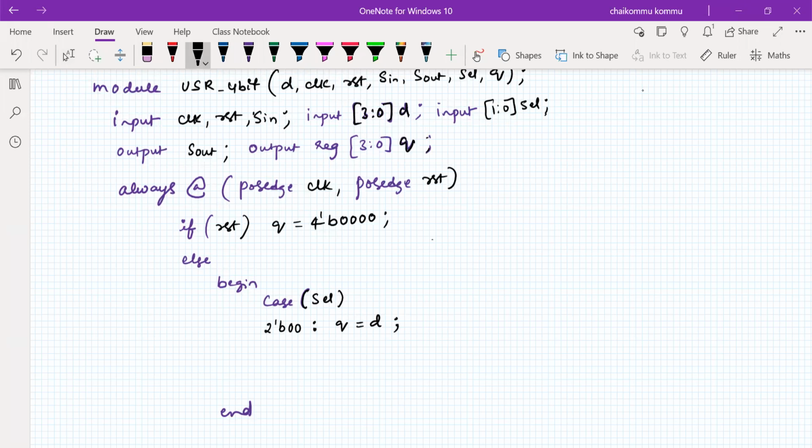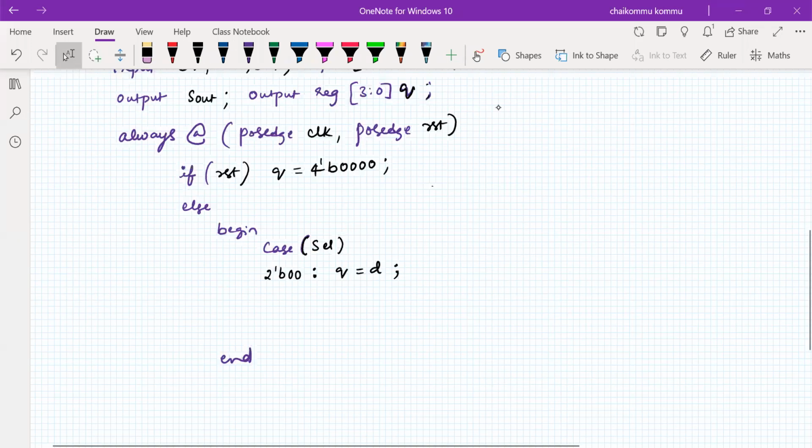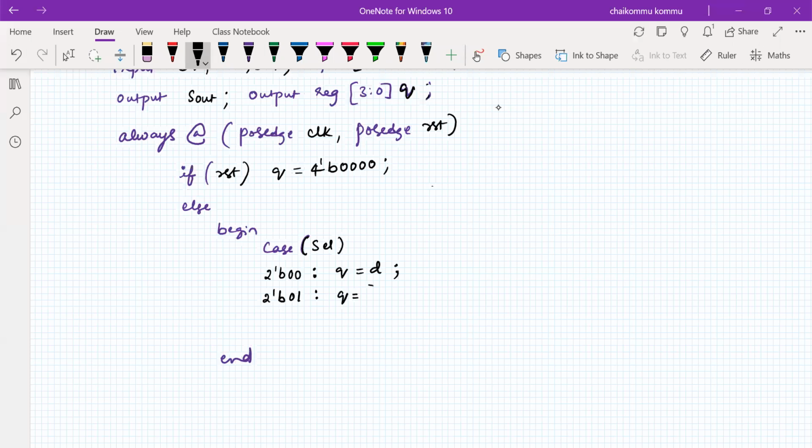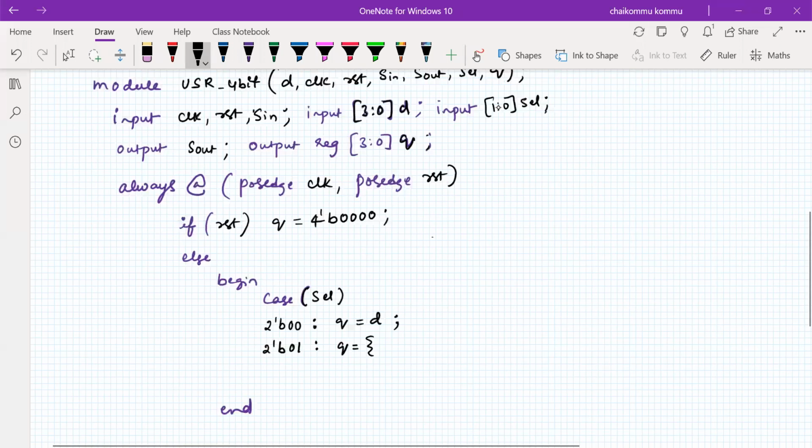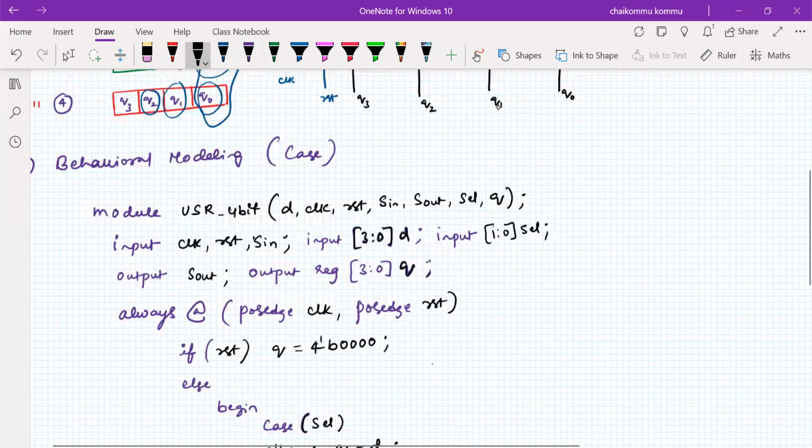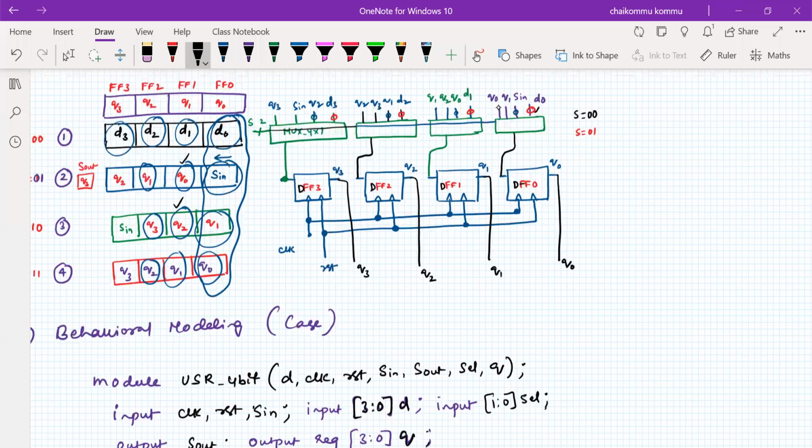What is the next statement? If the selection line is equal to 2 bits of 0, 1, left shift operation. Previously we have seen, Q is equal to, what is the left shift operation? Concatenation of... Sorry, I forgot.